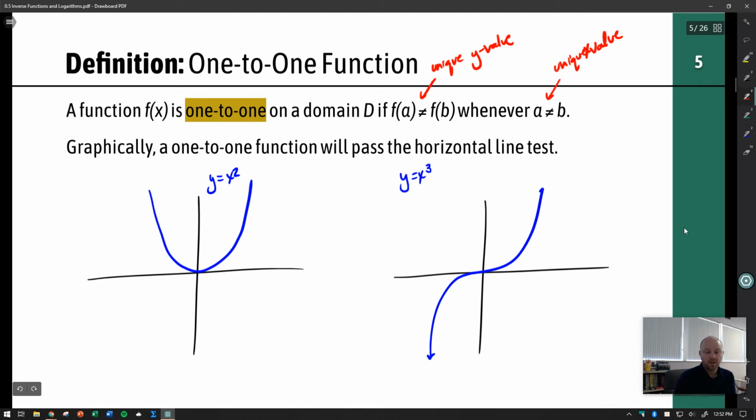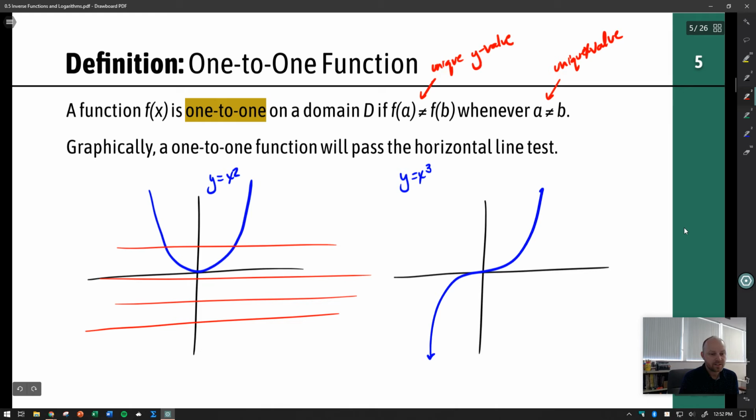So if we start passing through horizontal lines on the function x squared, you'll notice that we pass through this function multiple times for each of these horizontal lines. And as we said in the last slide, x squared is not a one-to-one function because it assigns range values more than once.